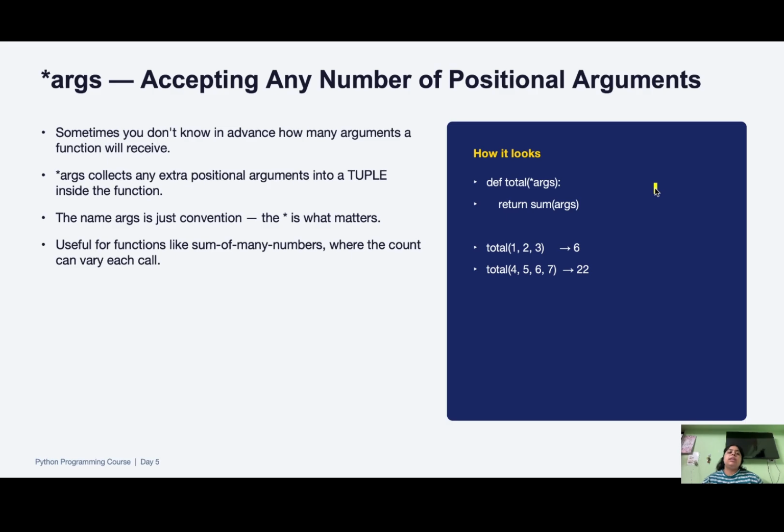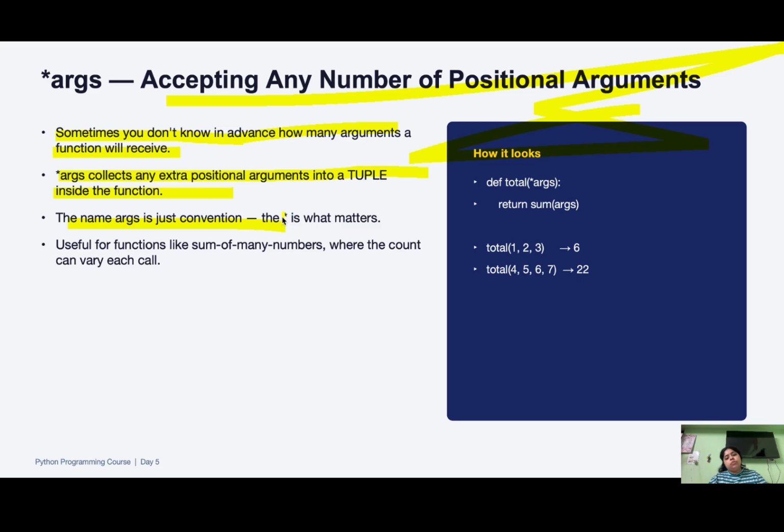Now we talk about star args, accepting any number of positional arguments. Sometimes you don't know in advance how many arguments a function will receive, how many inputs a function can receive, right? So star args collect any extra positional arguments into a tuple inside the function. So basically when you don't know how many arguments you are going to get, you use star args. The name args is just a convention.